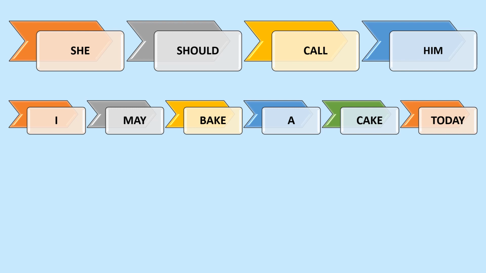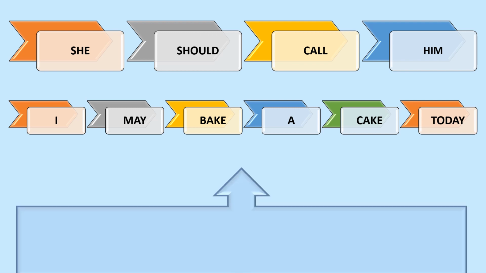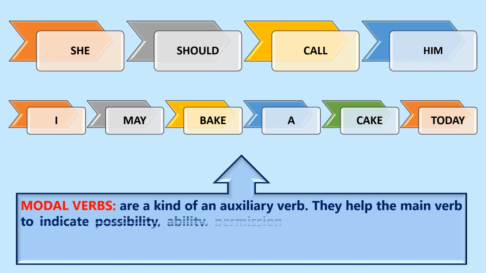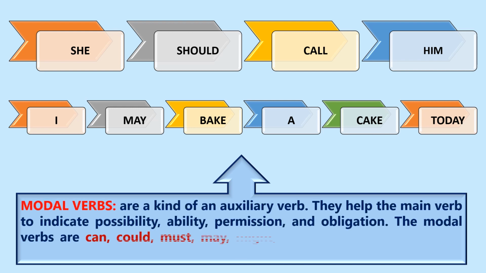So these are something that you already know called modal auxiliaries. And they are the last type of verb, which are modal verbs. They are also type of auxiliary or helping verb. They help the main verb like call and bake to indicate possibility, ability, permission, obligation, and all the modal verbs are can, could, must, may, might, ought to, shall, should, will, and would.